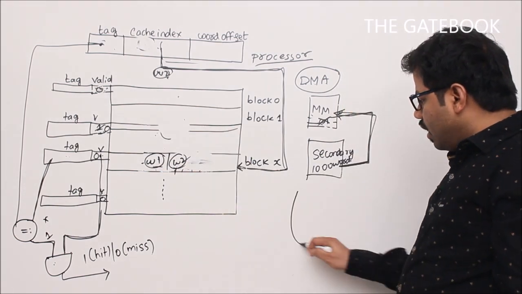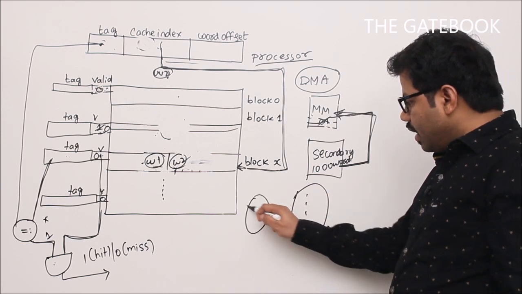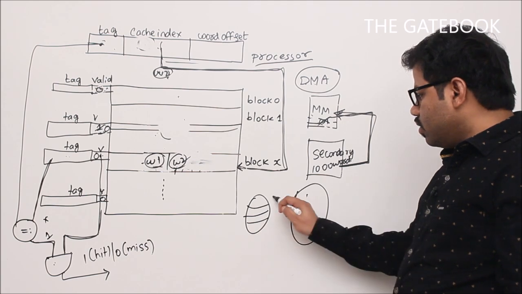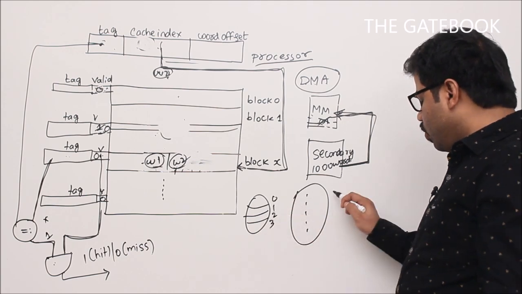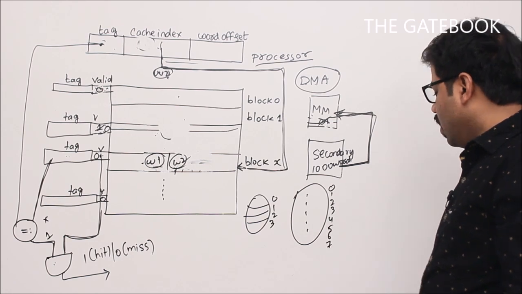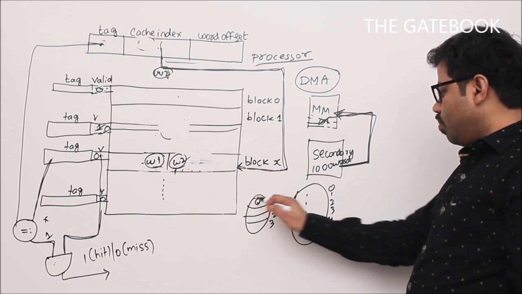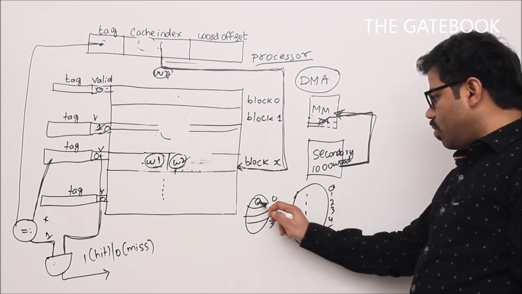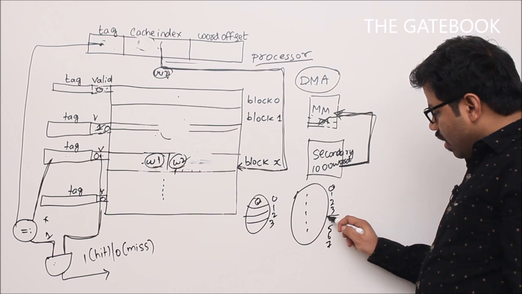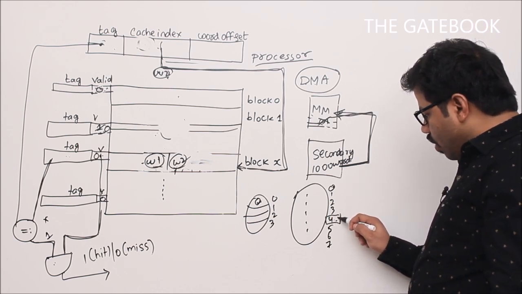This main memory contains a lot of blocks, right? This is cache. In cache, let's say you have 4 blocks, okay, 0 1 2 3. In main memory you have 8 blocks, 0 1 2 3 4 5 6 7. Now currently in this cache, the 0th block is stored, this entire 0th block. Now you know one thing, 4 also, if and only if you have to store 4, where do you have to store?